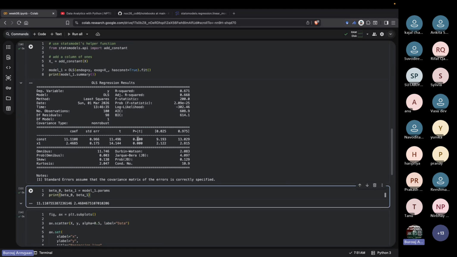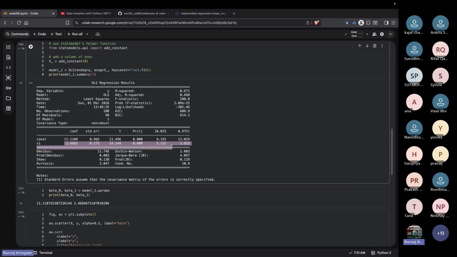From the t statistic, you will get the p value and the confidence interval. These are your t statistics for the x1 itself. Then for the model as a whole, you can identify this r square, which is the goodness of fit. And from the r square, you will get the f stat and the corresponding p value. And based on that, we can see whether they match or not. And then we can move forward.